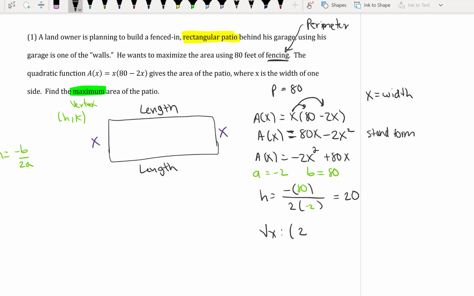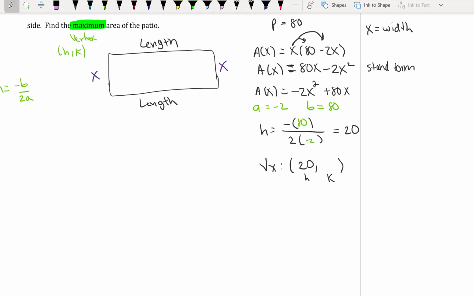So for my vertex, I have 20 for my h value. Now I need to find my k value. For my k value, I am going to plug that 20 into my original equation.